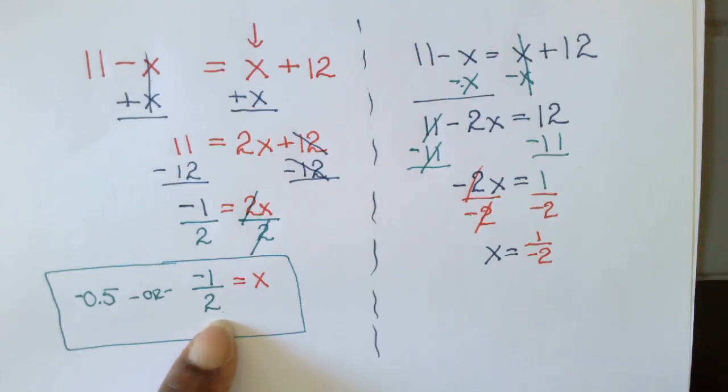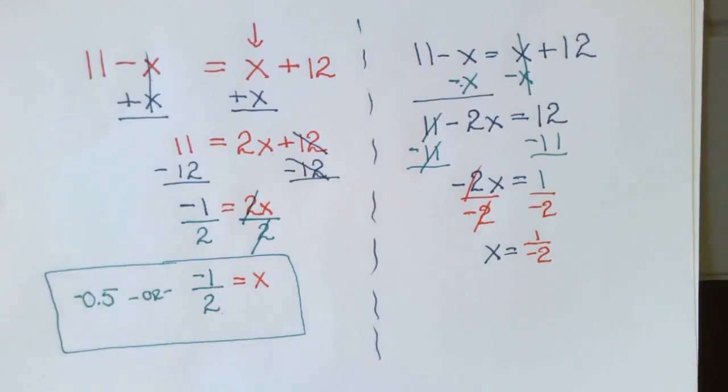Don't forget, when you're dividing integers, a negative divided by a negative is a positive. Through multiplication and division, if the signs are the same, your answer is always positive. Okay? Yep, it is exactly the same thing.